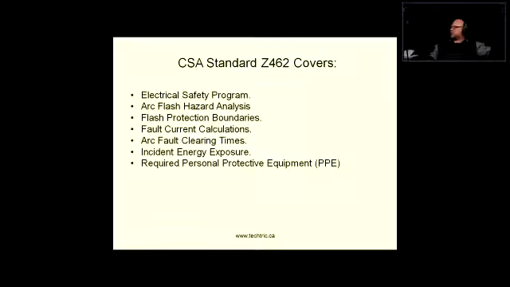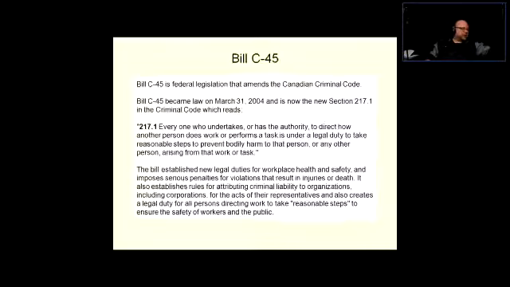We'll talk about those. Fault current calculations. So basically, fault current is just how much current will be available when a fault happens, right? Arc fault clearing times, incident energy exposure, and required personal protective equipment. So some of that we will cover here today.